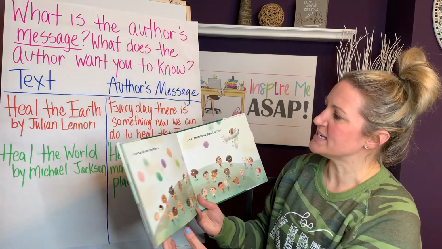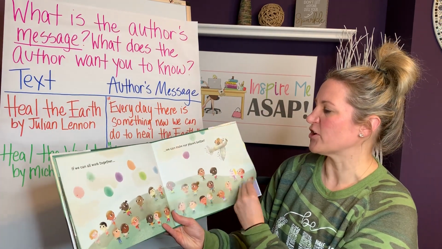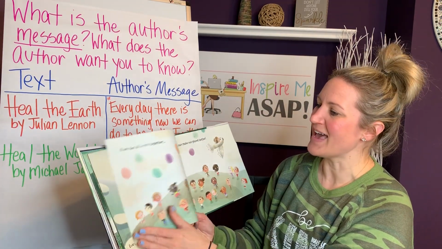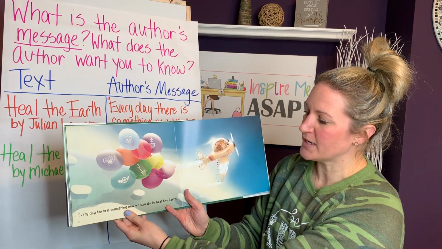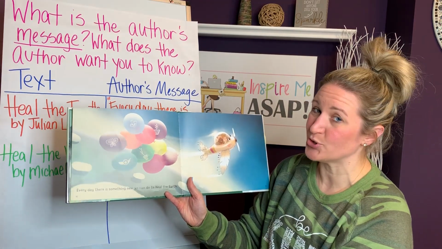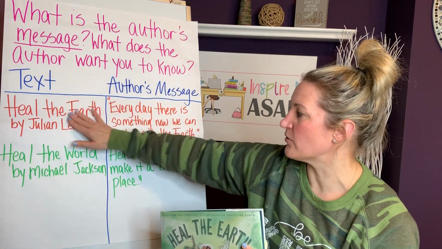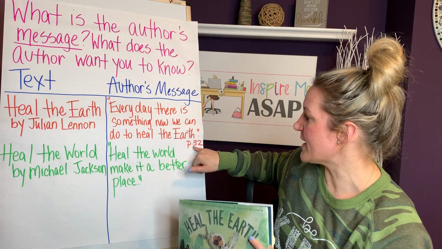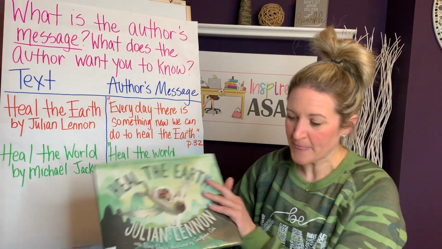So what does this author want me to know? Well, I think this author wants me to know that every day there is something new that we can do to heal the earth. And I would write that down on our chart paper, and I would put down that that is written on page 32.